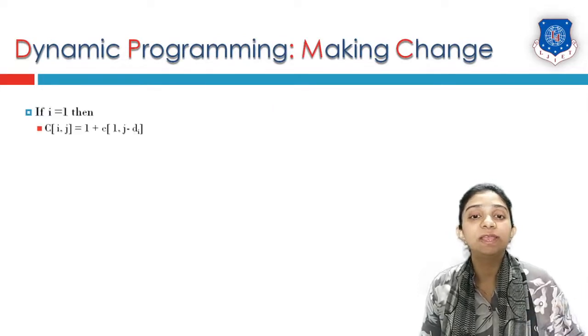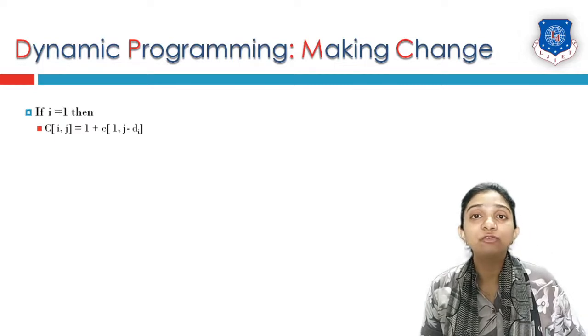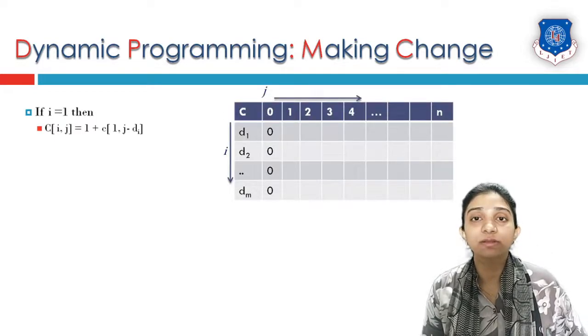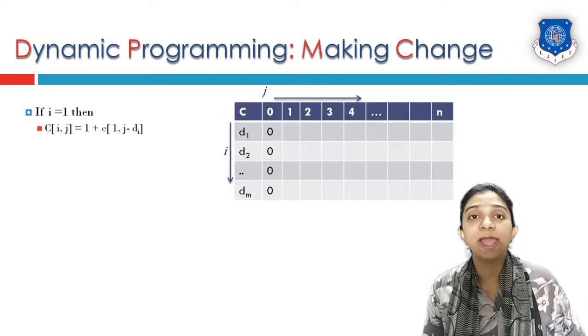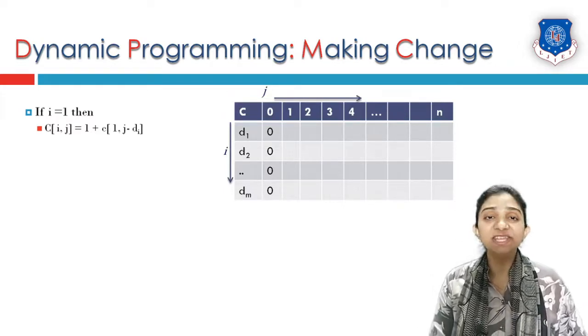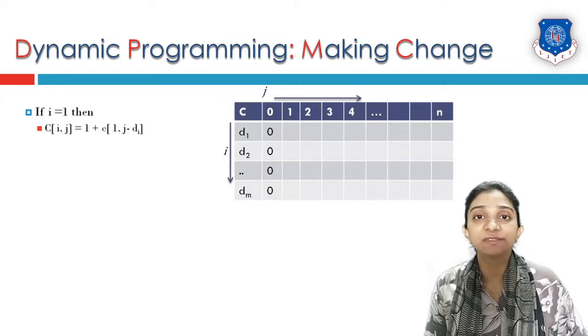Now let us take an example and consider how to fill up this table. In the table, each row is represented by index i and each column by index j.